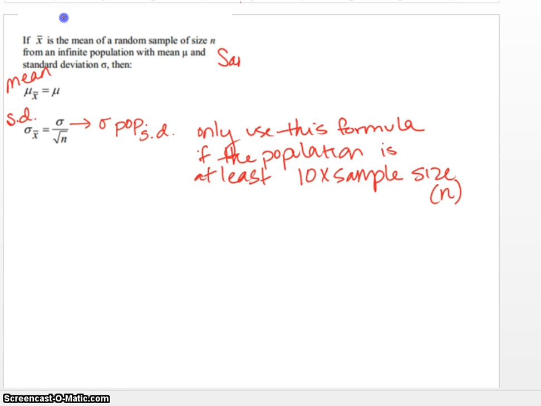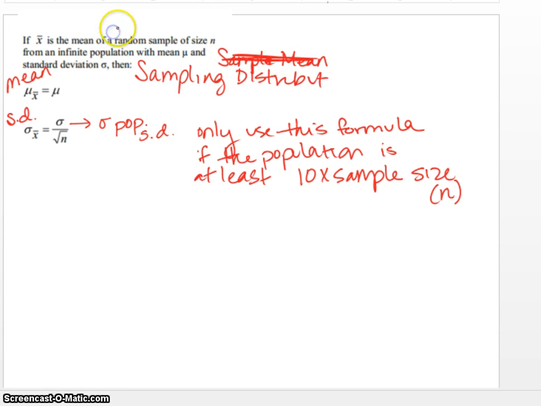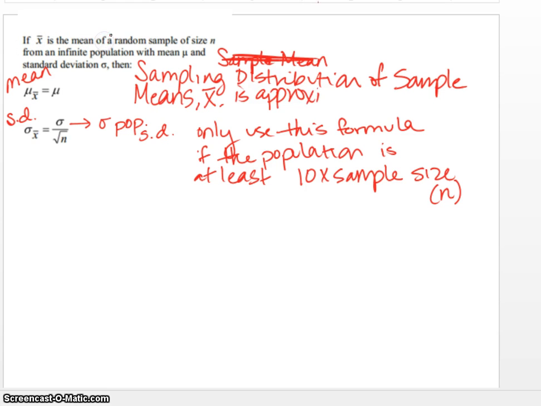So the sampling distribution of sample means, x bar, is approximately normal if the population is normal.